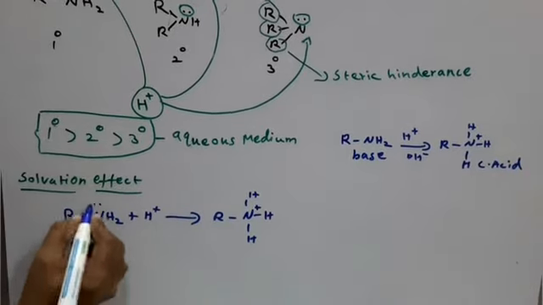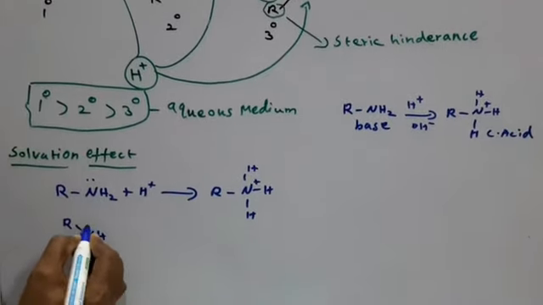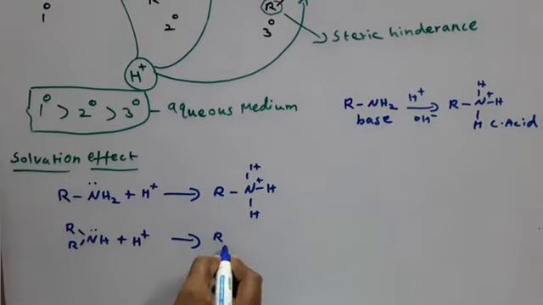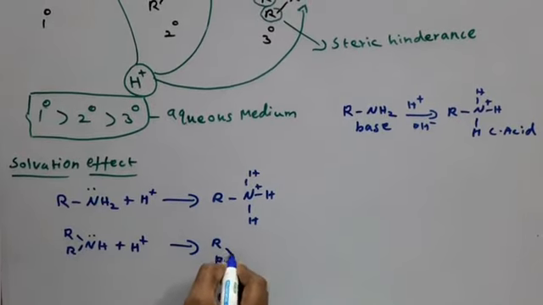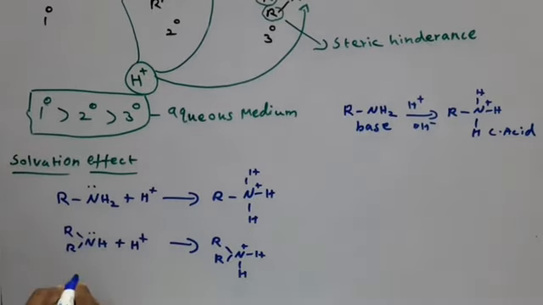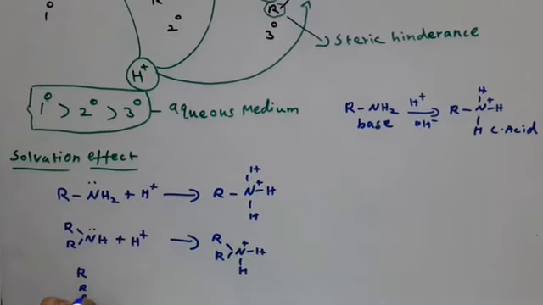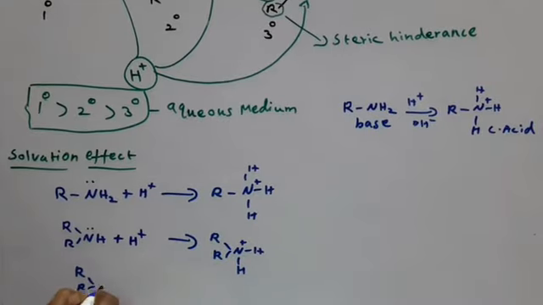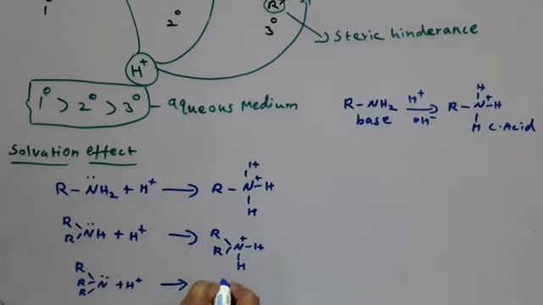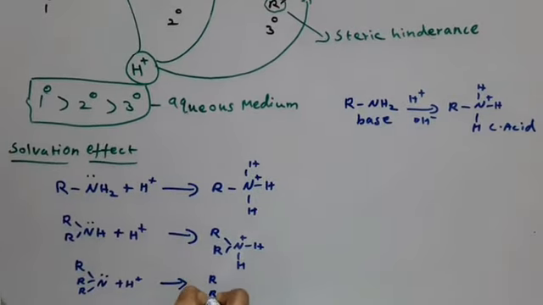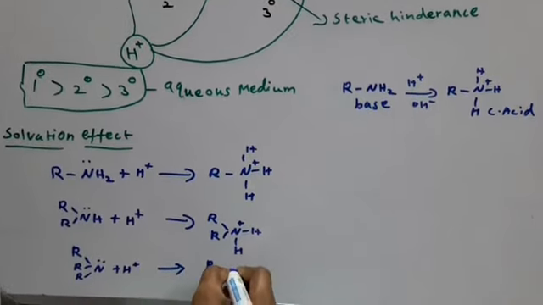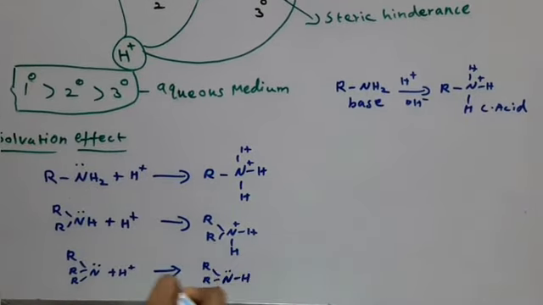NH. Don't forget to put the lone pair of electrons. Plus H plus proton gives R2NH and H. Okay, so this is tertiary N, there is no H, plus H plus proton gives H. Okay, right.